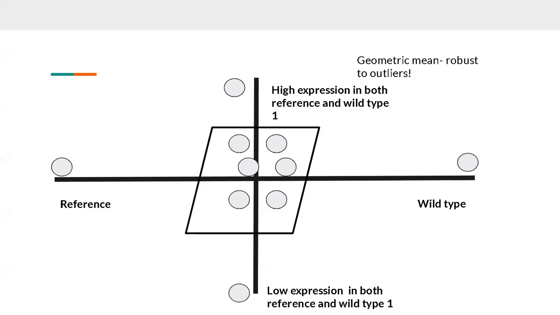So for example, if I have a sample which has 6 readings, let's say the readings are 1, 2, 3, 4, 5, and then suddenly you have 4,000. What the arithmetic mean would do, that is, the sum of all observations divided by the total number of observations, it would pull your average towards the 4,000 outlier which you had. But the geometric mean would be robust to that.